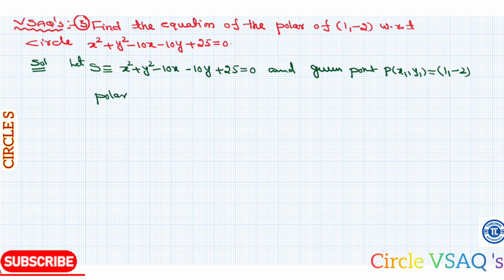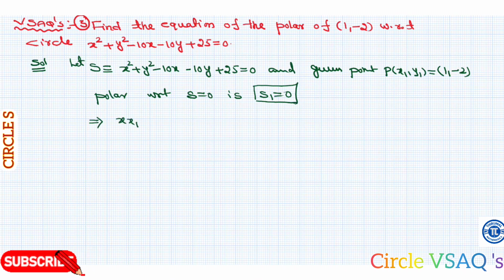Okay, the polar with respect to S equal to 0 is S1 equal to 0. Okay, the notation of S1 is x x1 plus y y1 minus 5 of (x plus x1) minus 5 of (y plus y1) plus 25 equal to 0.